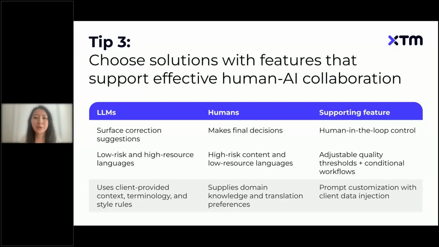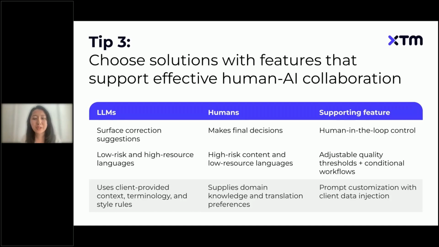So a key supporting feature here could be customizable quality thresholds and conditional workflows, similar to what you just saw with intelligent workflow. This lets you define how much human intervention happens after translation. So for example, for high-risk content, even if it meets the quality threshold, you may still want to route it to a pair of human eyes for additional review.